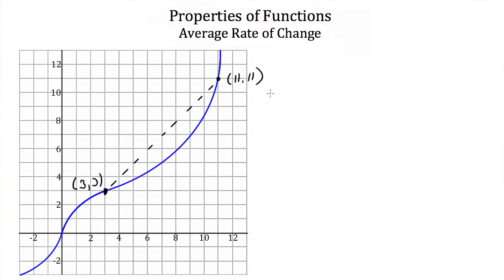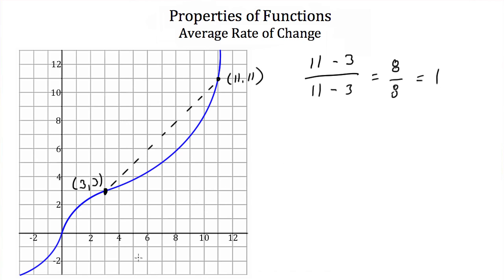My change in y, or the change in my function values, well, that's 11 minus 3. And the change in x, again, is 11 minus 3. So this is 8 over 8, which reduces to 1. So the average rate of change of this function between these 2 points is 1.